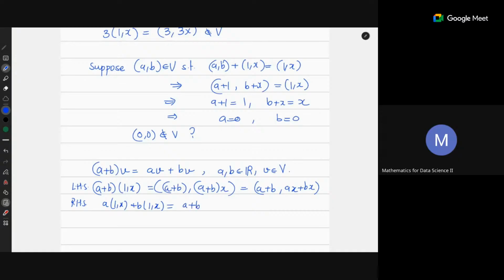You will get (a + b, ax + bx). So LHS is equal to RHS. So the third option is correct.